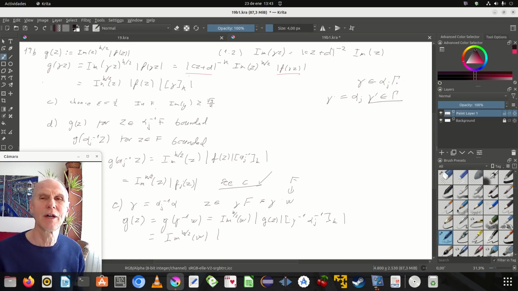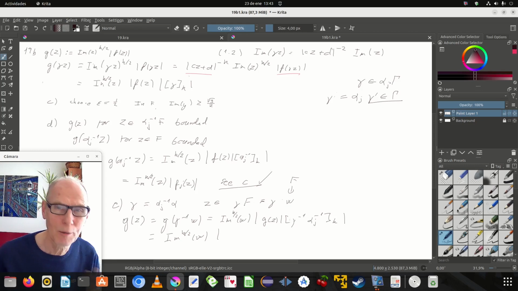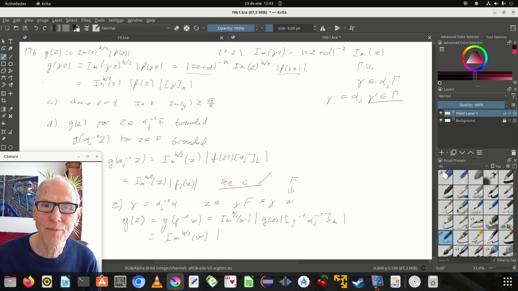What am I doing? Confusion rising again. Gamma is the union of gamma j to minus first f, gamma j, gamma mod, no. There we go.